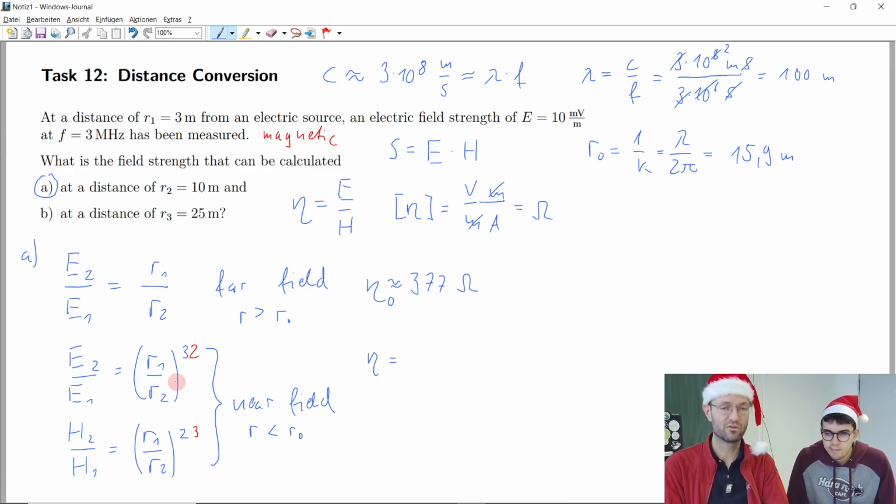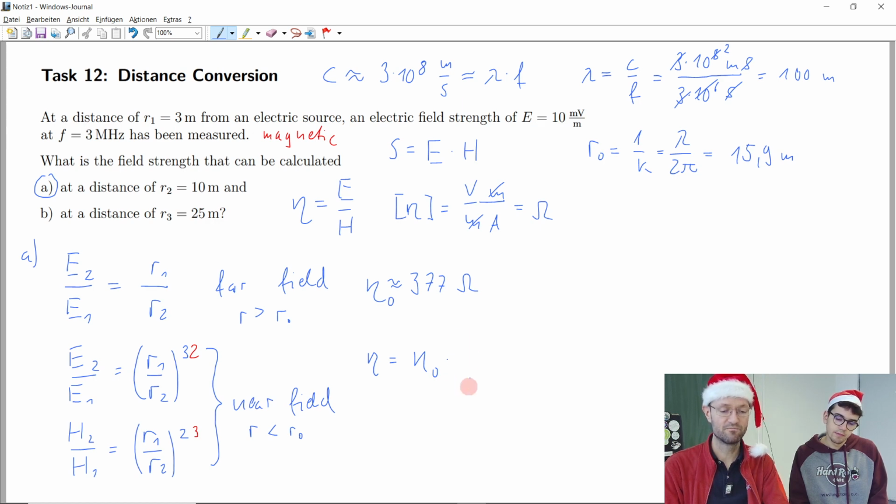But at the end, we could also just say that in the near field of this electric source, we have more electric field and less magnetic field. Then we get a high impedance field. So the closer we go to the source, the higher the wave impedance will be.